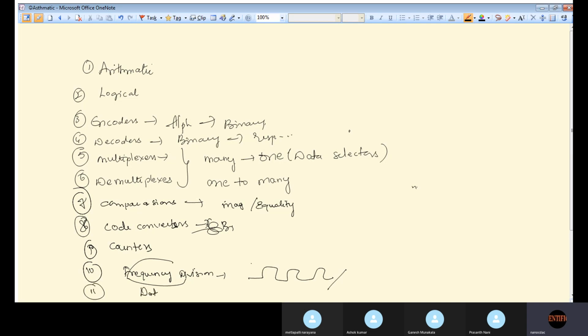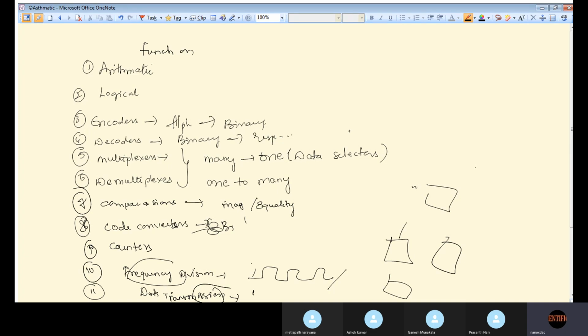Next one is data transmission. Digital circuits are used for data transmission. This is the main important thing. Whichever data is there, it should be transferred from module to module. It may be serial transmission or parallel transmission.